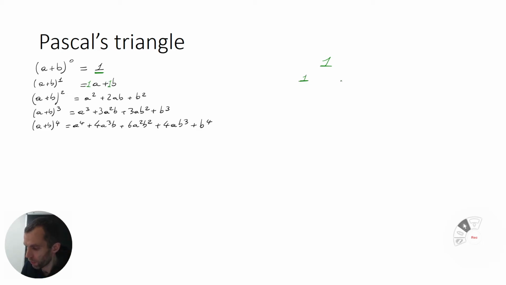So here we have 1 and 1. And then for the third we have 1a squared, 2ab, 1b squared, so 1, 2, 1, and then 1, 3, 3, 1. One, 4, 6, 4, 1.